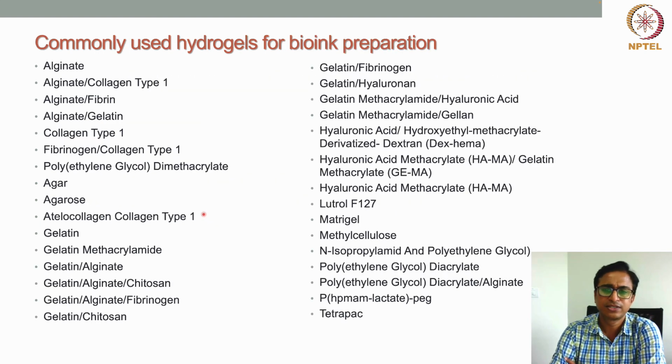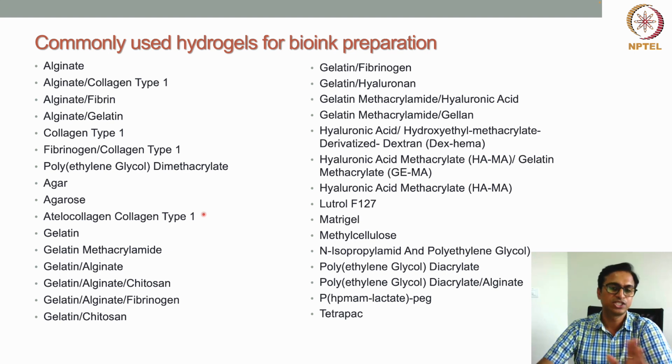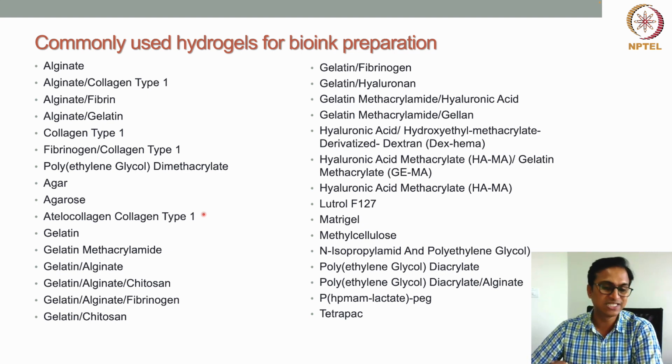In this slide, I have listed a few of the most commonly used bioink materials, both single and multi-component bioink materials. We'll see one by one what the different types are, but this list is not exhaustive. There are many more materials that are used as bioinks for different applications.